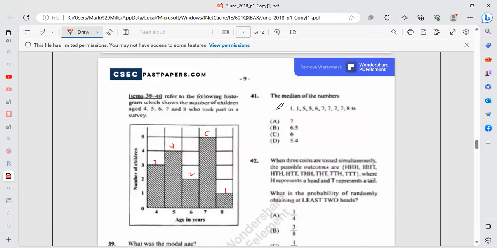Next, the median of the numbers. For the median, we look for the number which is in the middle. So we have all these numbers here, and we look for the one in the middle, which would be 6 and 7.